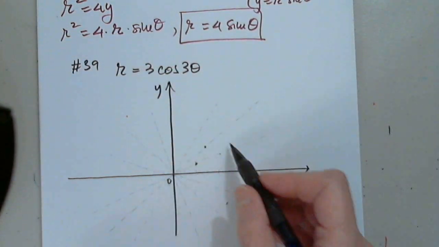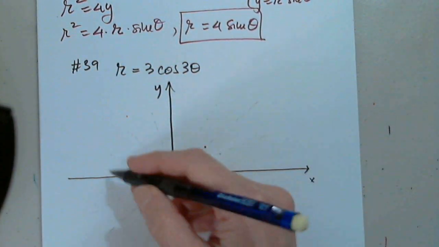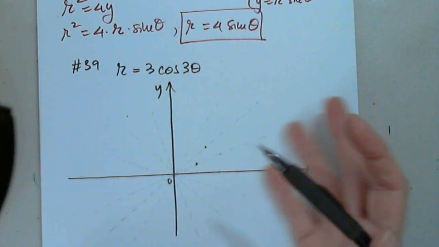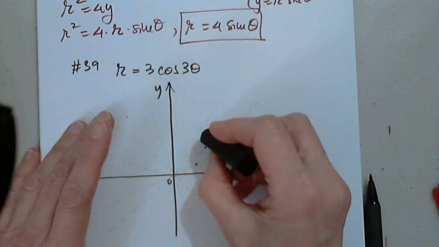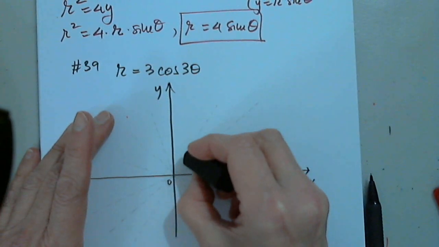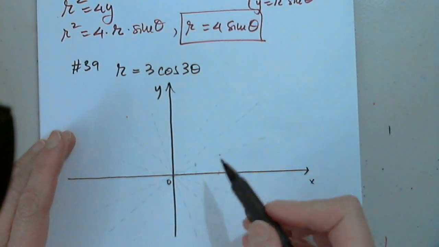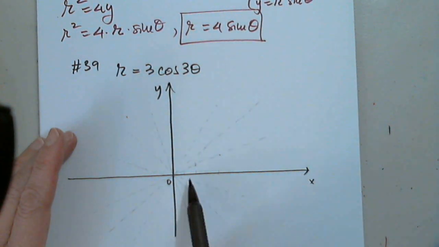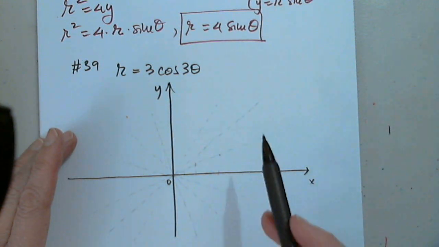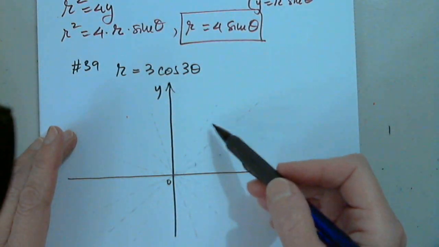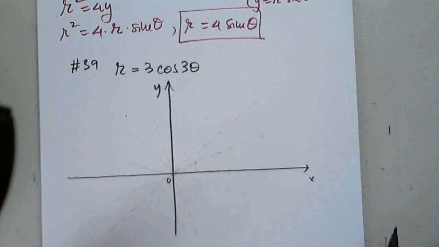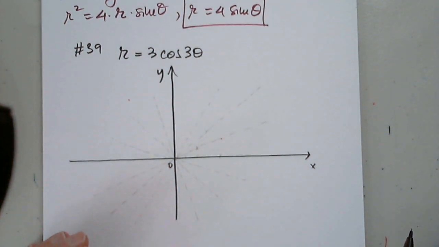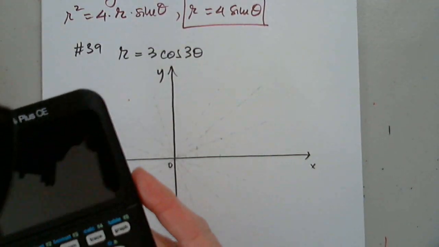I don't know how the graph will look like. So that's why we need these rays to help us graph. You may want to even go through 15 degrees. It depends on how detailed or how difficult the graph is.